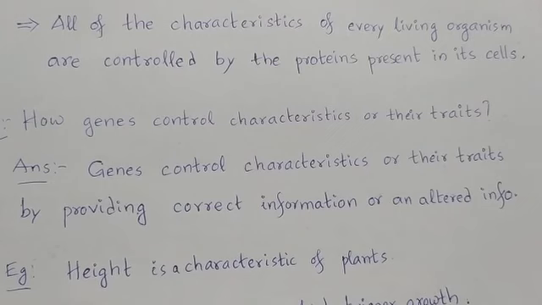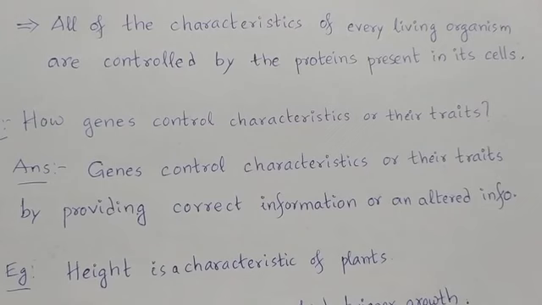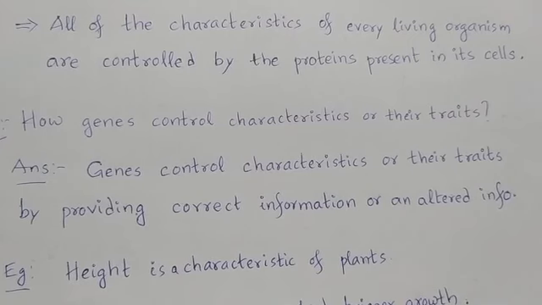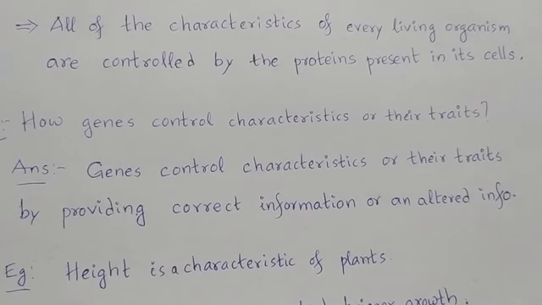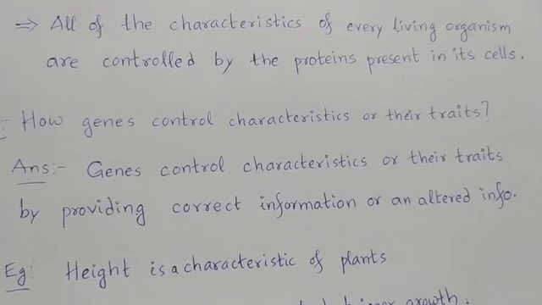That section of DNA for a protein is called a gene. So as many proteins as there are, that many genes are there. The proteins control the characteristics, and the proteins are made based on the information from the genes. So indirectly, who is controlling the characteristics? Genes are controlling the characteristics.